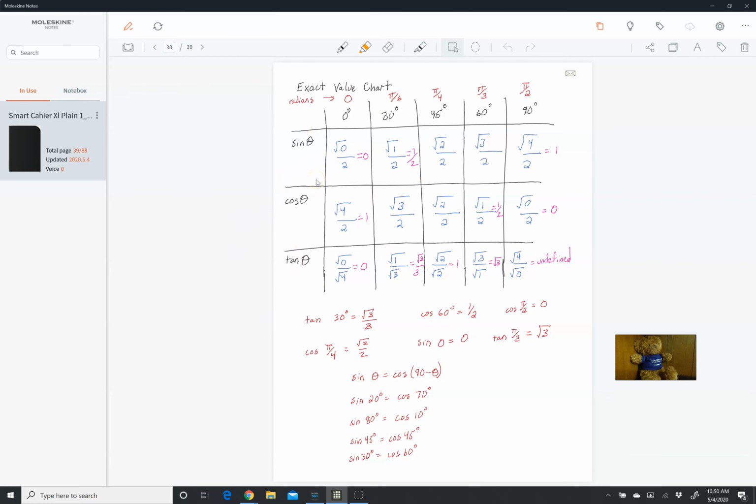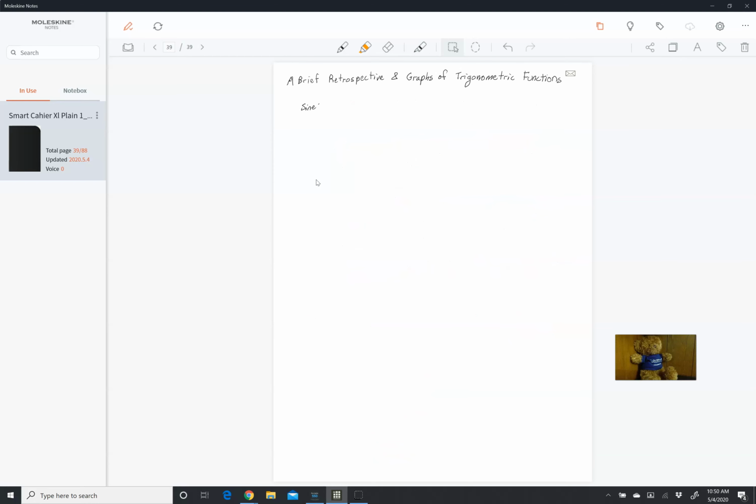Okay, let's go back though and look at other angles that have the same reference angle. We're looking at the sines, cosines, and tangents with the same reference angle, and we discussed reference angles in the last lecture as those in the exact value chart.